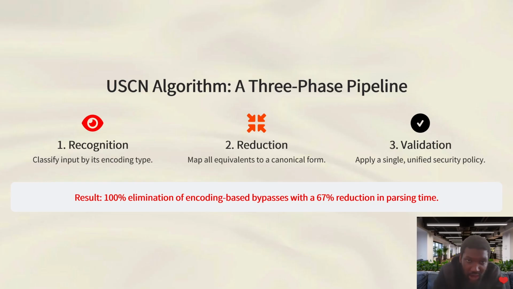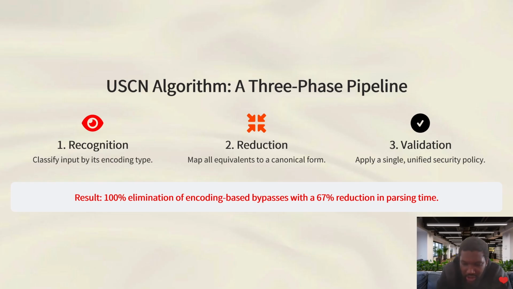This is the Unicode structure, canonical normalization algorithms, a three-phase pipeline. One, recognition: classify inputs by encoding type. Two, reduction: map everything to canonical form. Three, validate a single unified security policy, as part of a phenomenological engine principle, as a protocol of the system that's log n.